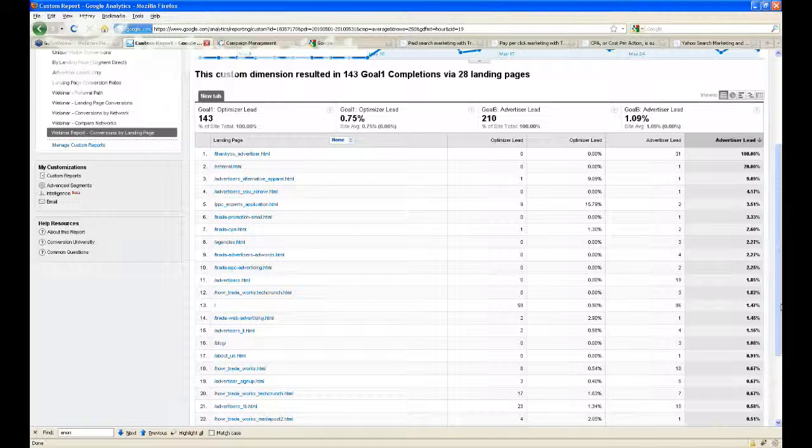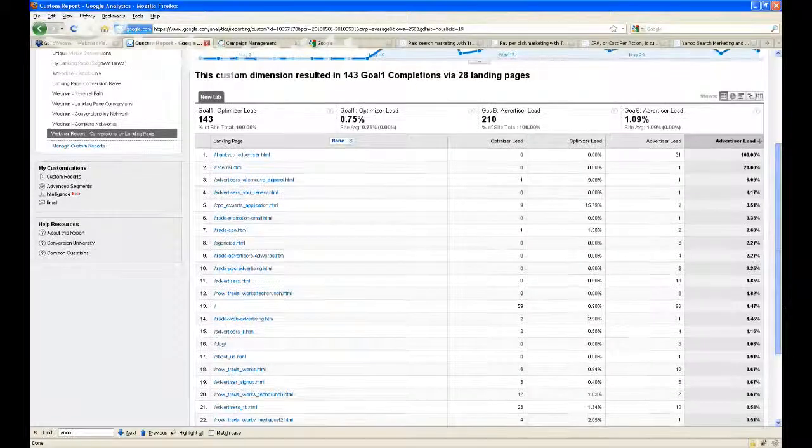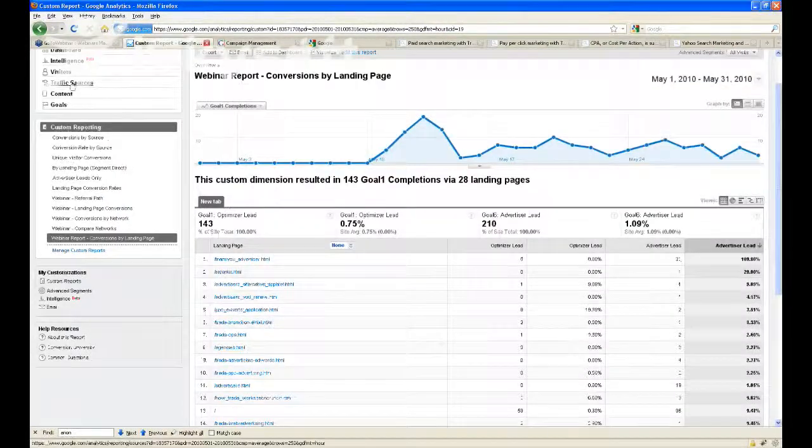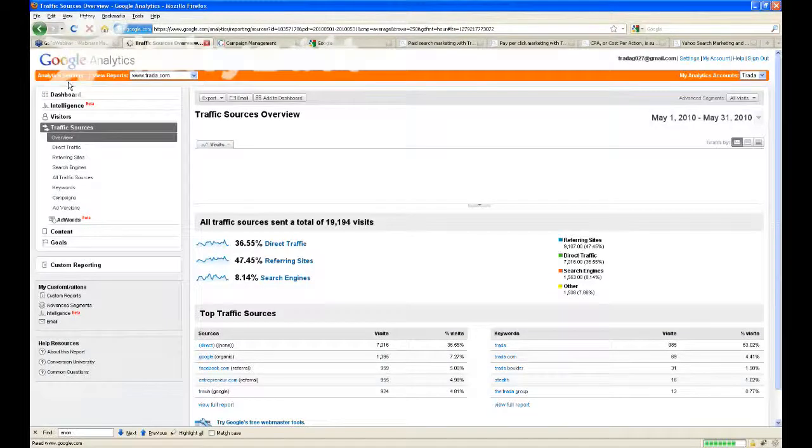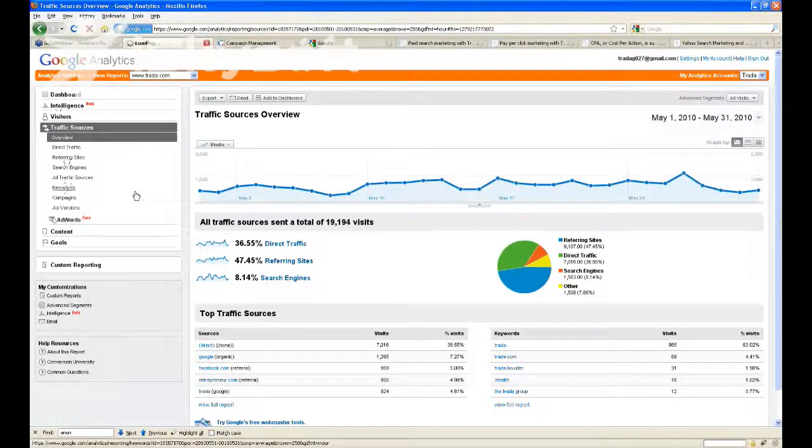So, all right, the goal here is to say we're going to make 3 or 4 specific landing pages that we want our ads in AdWords to link to, but what should they be about? What are the most common topics that our users are concerned with? Where you can start is that you can actually go to something here in traffic sources called keywords.